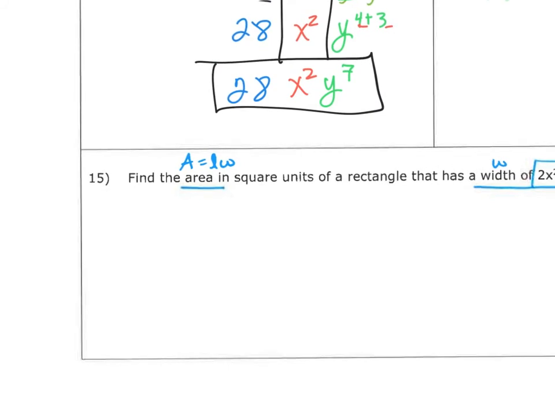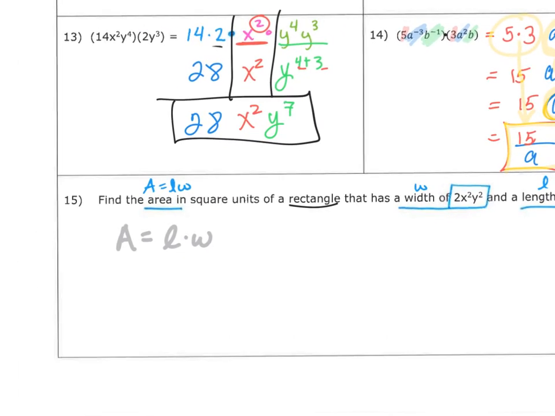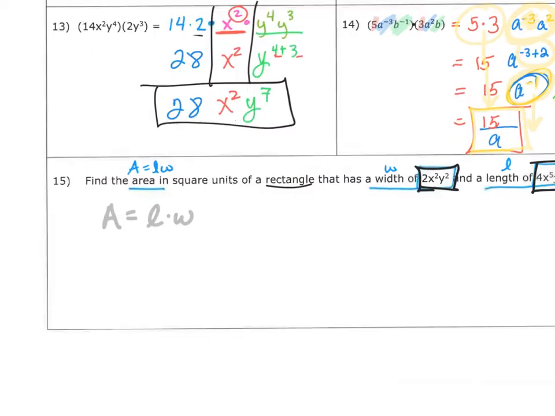Now let's take a look at 15. It says find the area of the square. So I know an area of the square is A equals L times W. Wait, it said find the area in square units of a rectangle. I know the area of a rectangle is A equals L times W. It says it has a width of 2x squared y squared and a length of 4x to the 5th y to the 1/3.